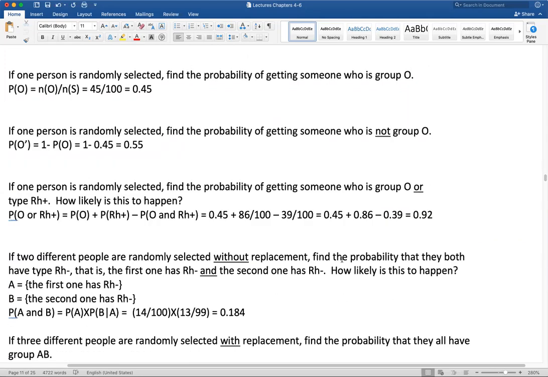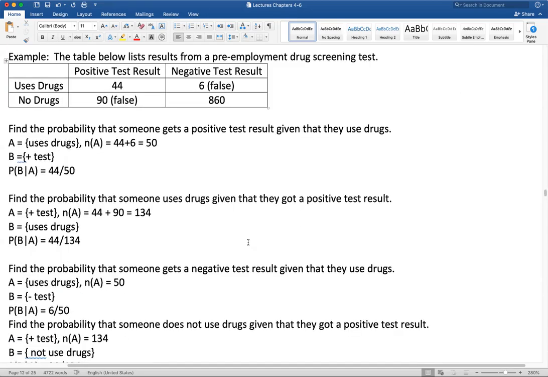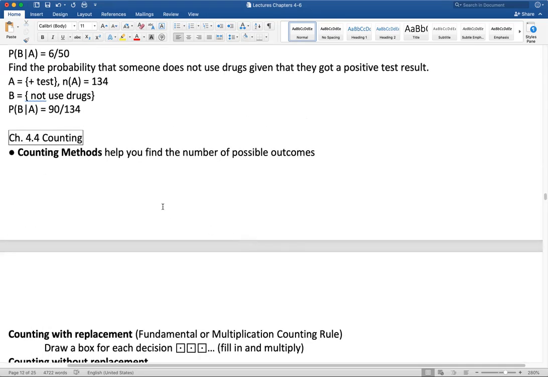The key point is that you need to be familiar with the addition rule, the multiplication rule, mutually exclusive events, independence, conditional probability, and the rule of complement. Next time I'm going to start section 4.4, counting. We're going to study several ways to count the number of outcomes of an event. Okay, let me stop here.